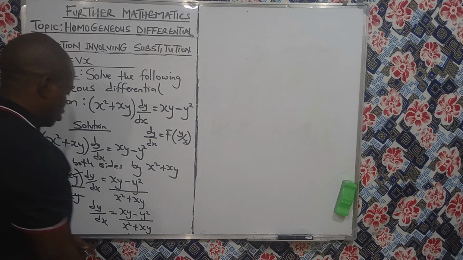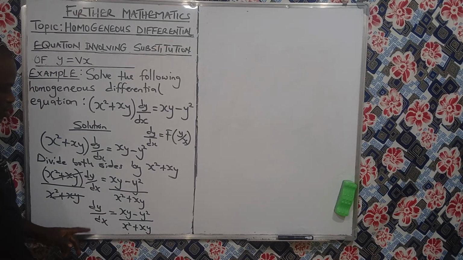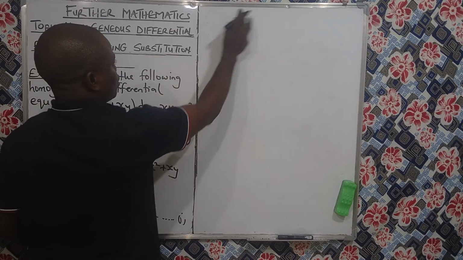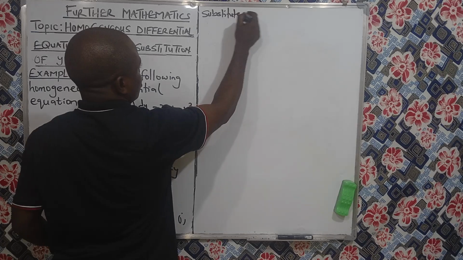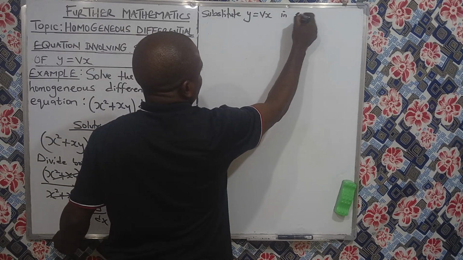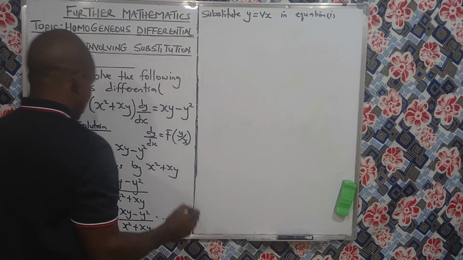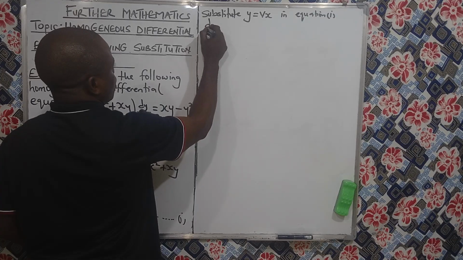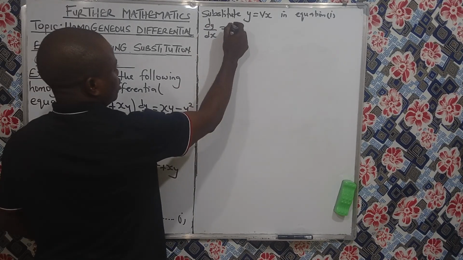Now, since we have confirmed it as a homogeneous differential equation, let's call this one equation 1. Now substitute y equals vx in equation 1. dy over dx equals x.